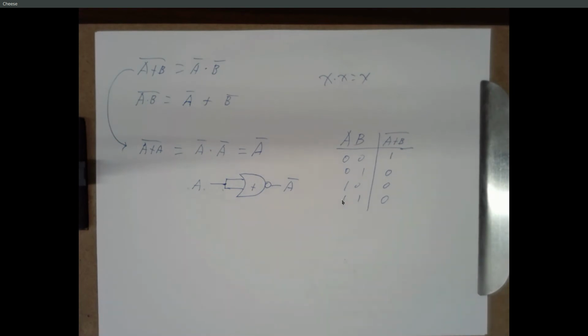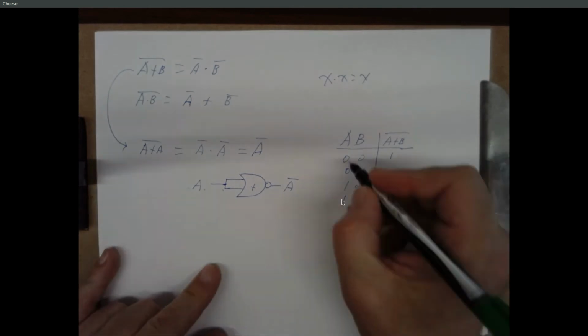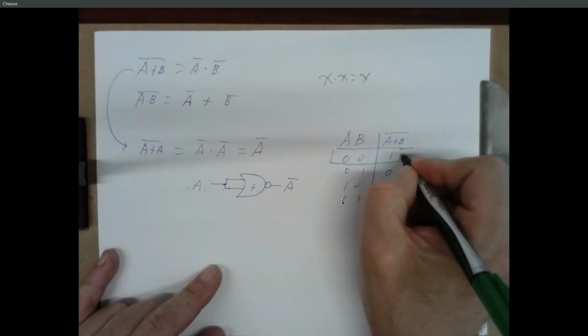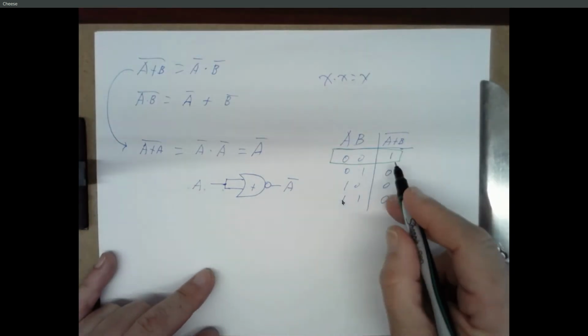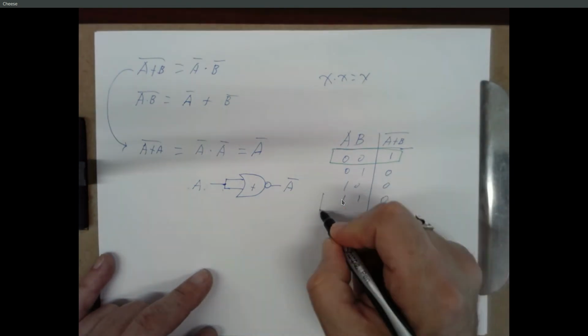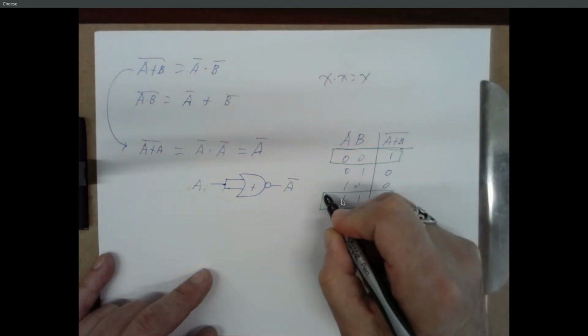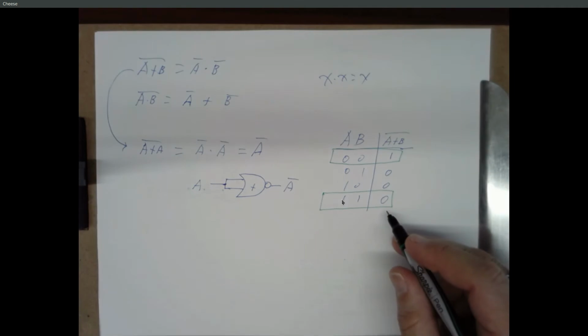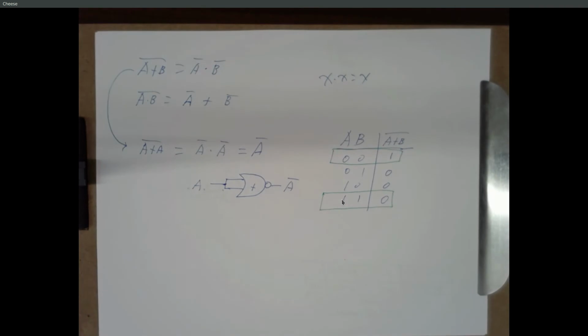If we're wiring both inputs to be the same, then there's only two possibilities. Either both inputs are 0, in which case the output is 1, or both inputs are 1, in which case the output is 0. There's your inverter. So we can make an inverter out of a NOR gate.